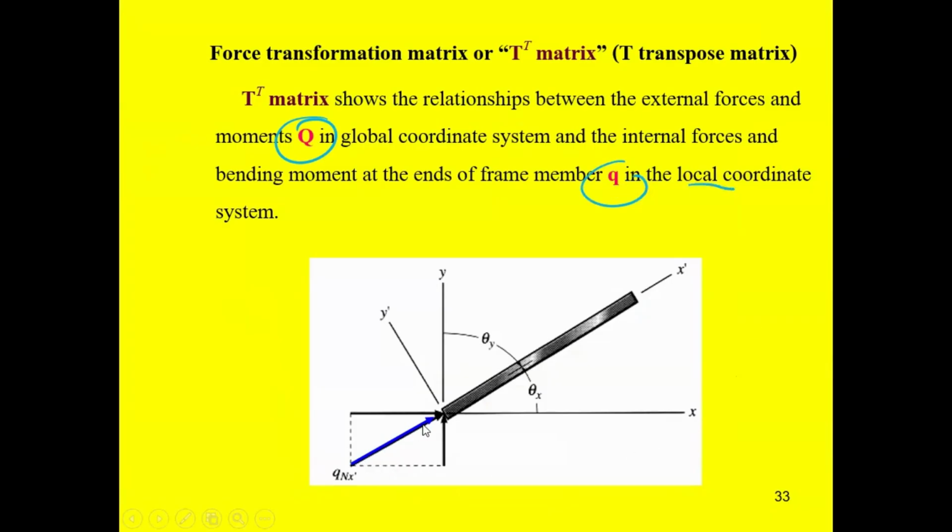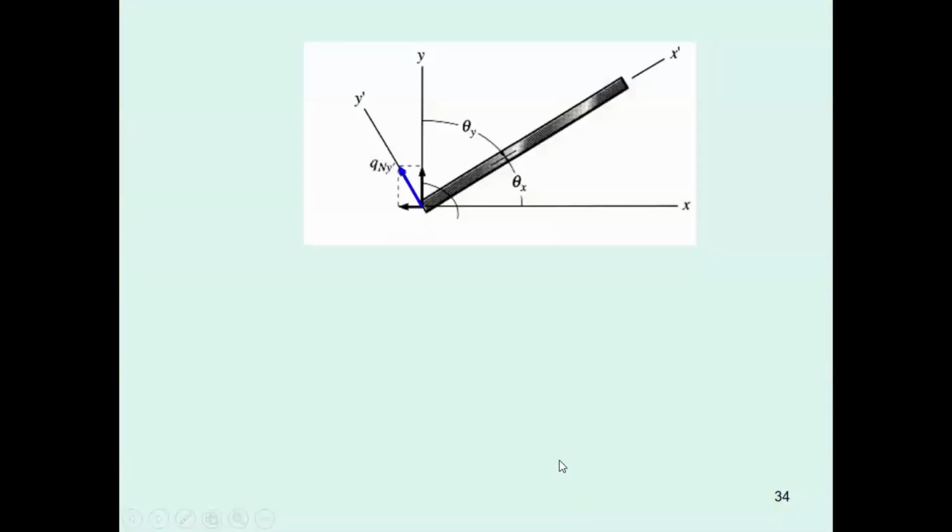Starting with the internal axial force, you can project it. This one, zeta sub x, q sub nx prime cosine zeta sub x, in the y direction you get cosine zeta sub y. And then for this one, you still project the small q matrix for the member into the structure Q matrix.